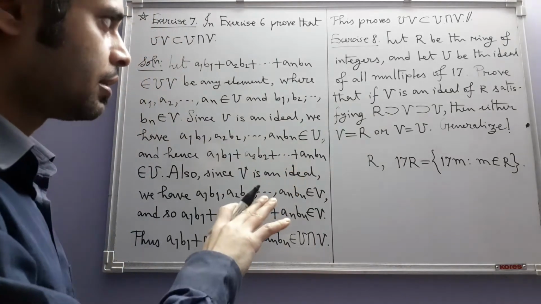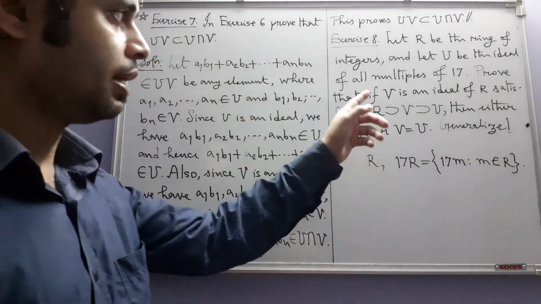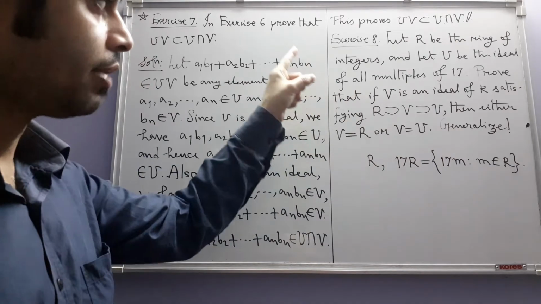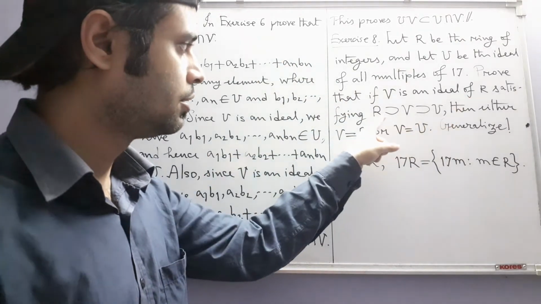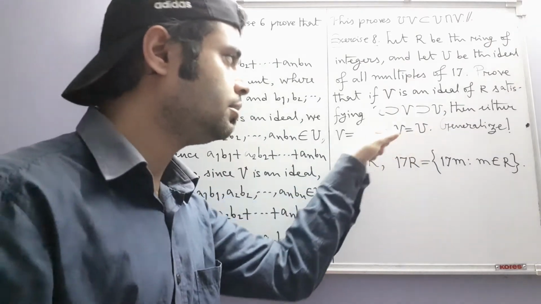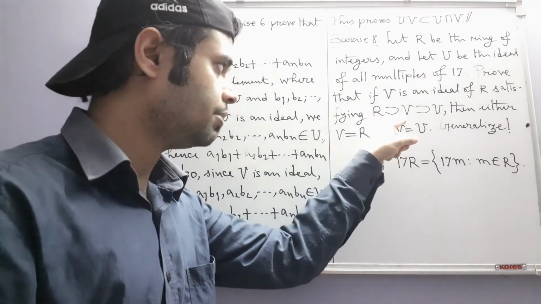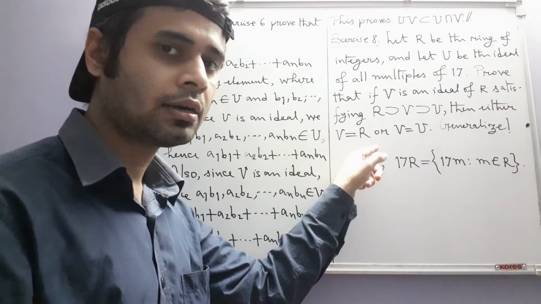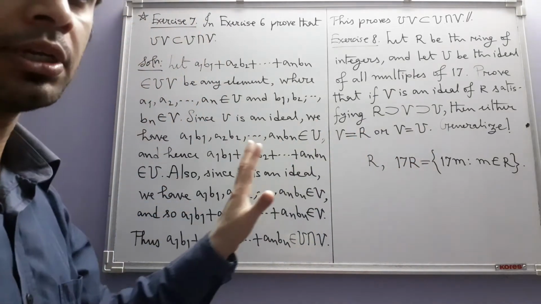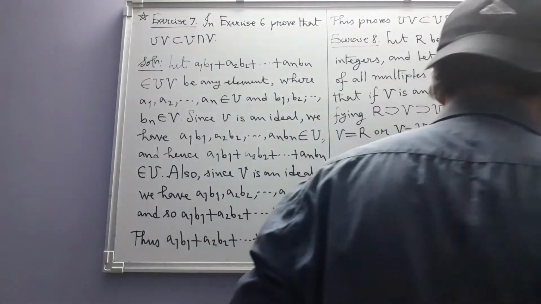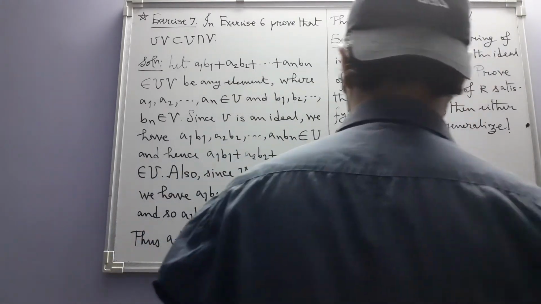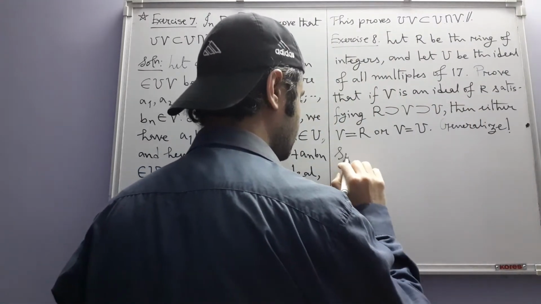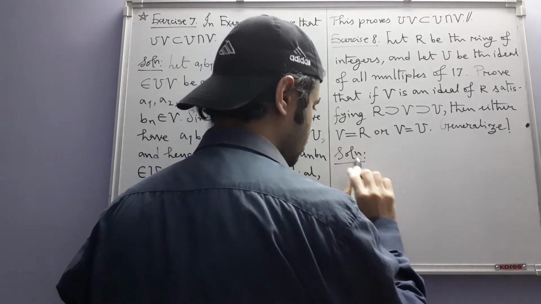We are rather supposed to prove something else about U. If another ideal V is given in the ring of integers which sits in between U and R, then this V has to either be equal to R or U. That's what we have to show. So let us proceed towards the solution. Okay.